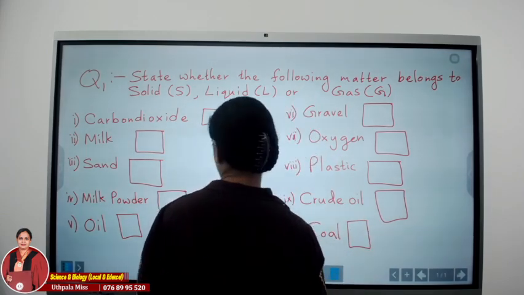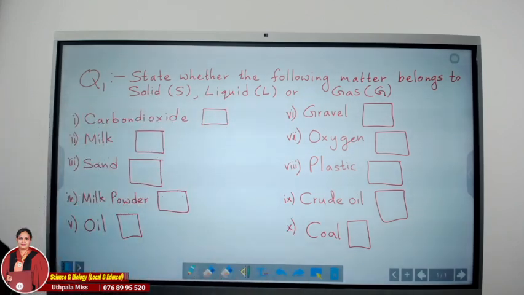So you have to say whether these are solids, liquids or gases. You have to put the first letter in front.